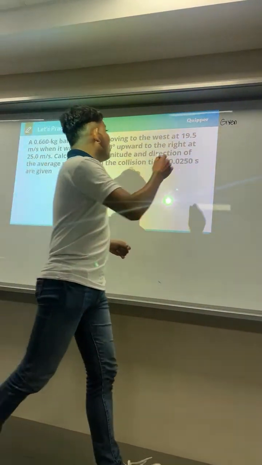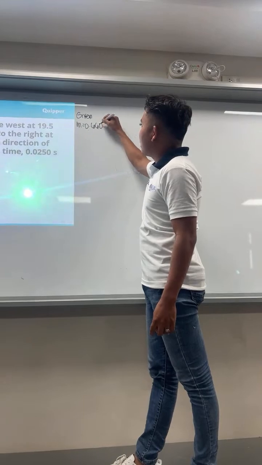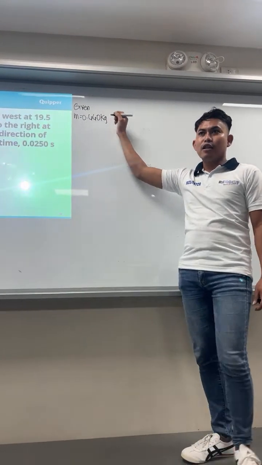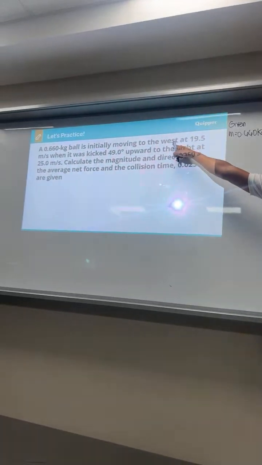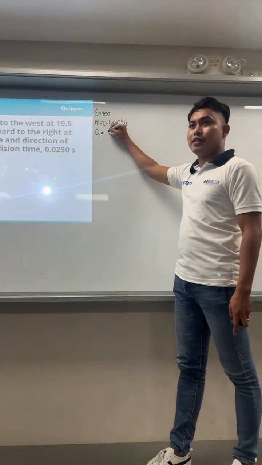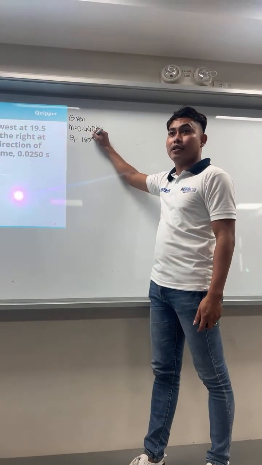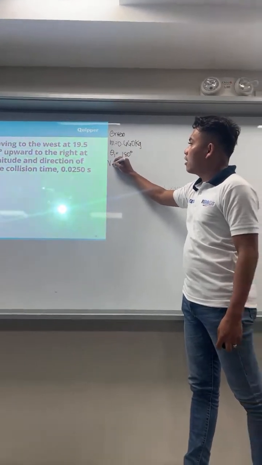The mass is what? 0.660 kilograms. Okay? The west direction, that's the angle 1, which is 180 degrees. Then this is the V1. V1 muna.